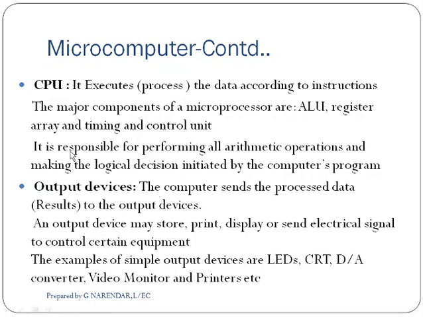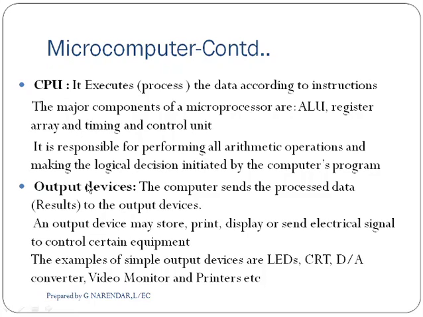So the CPU is responsible for performing all arithmetic operations and making the logical decisions of the computer's program. Once we got the result, it is stored in the internal register array.